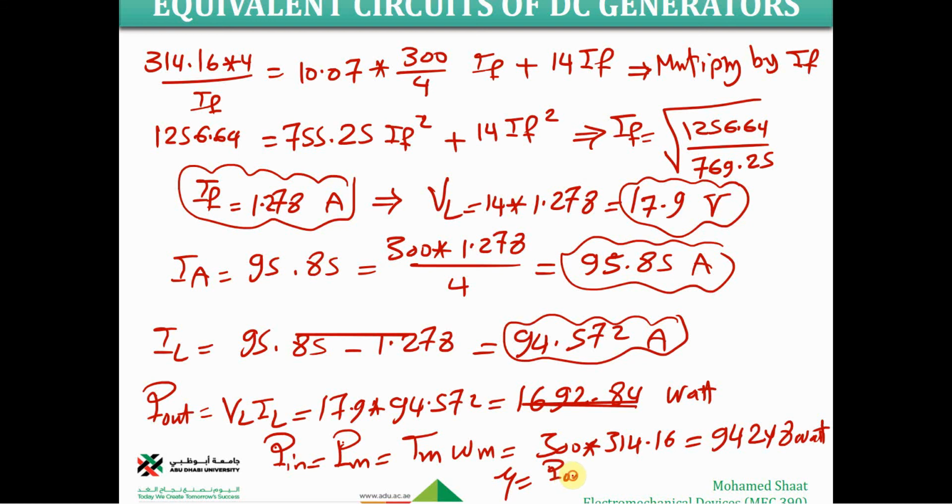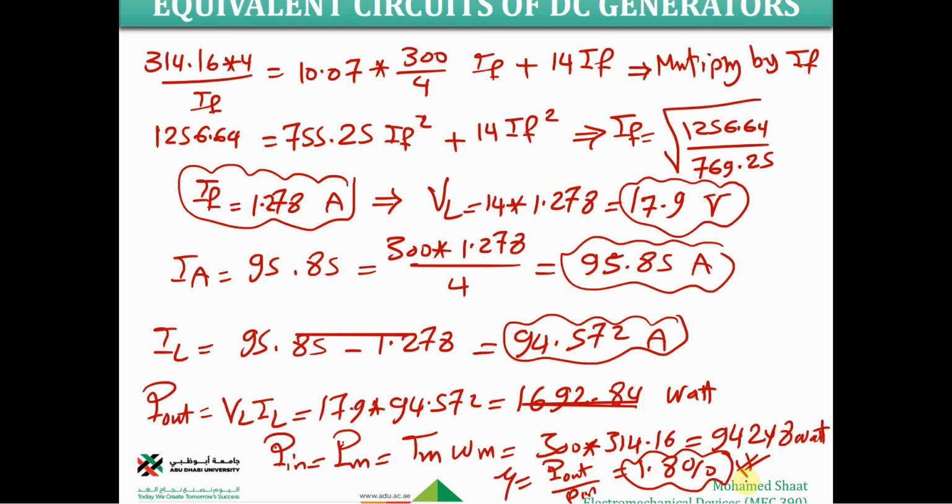As you can see, the efficiency is too small. It is P output divided by P input, which, if you calculate it, divided by 92 times 100, will be about 1.8%, which is a very small efficiency.